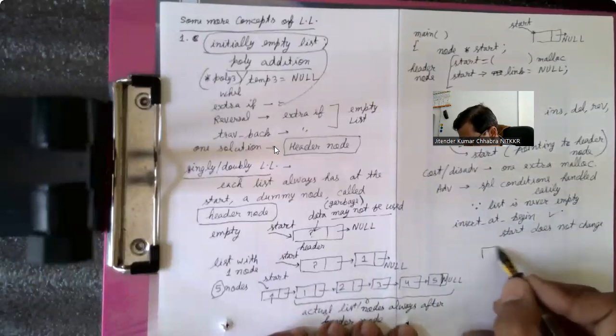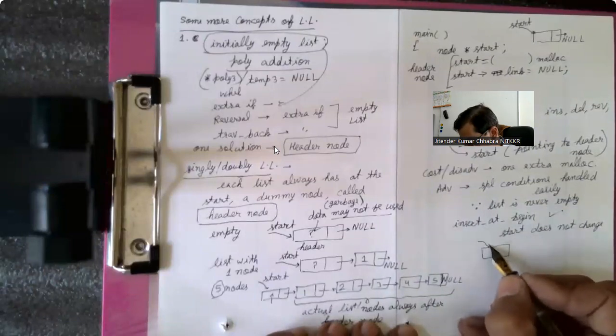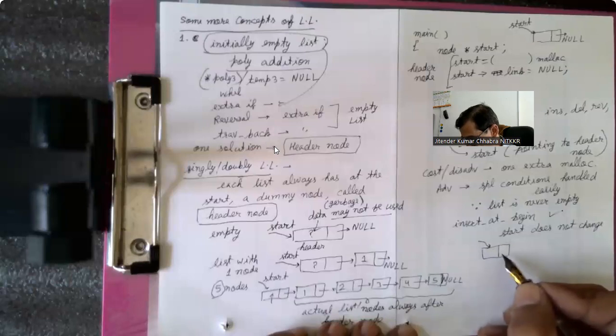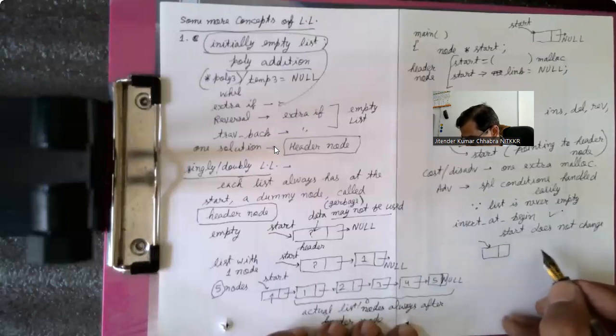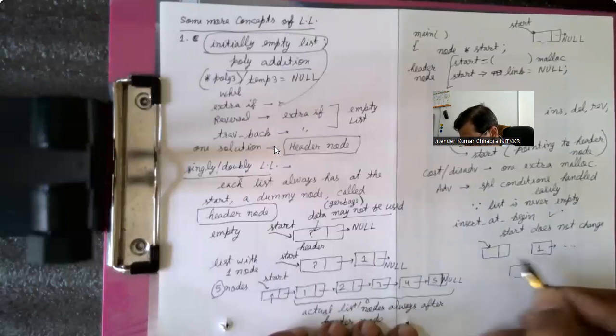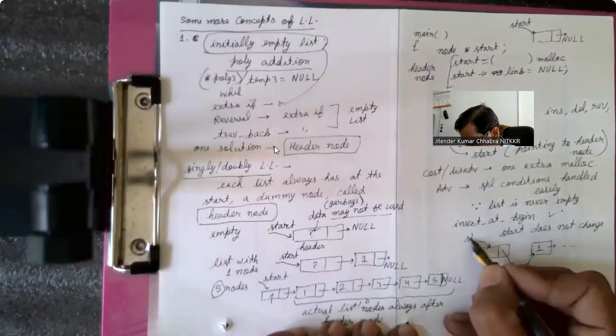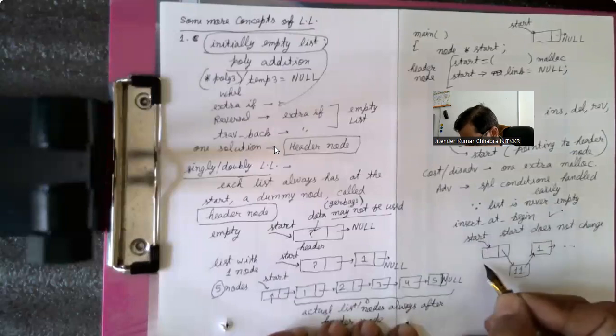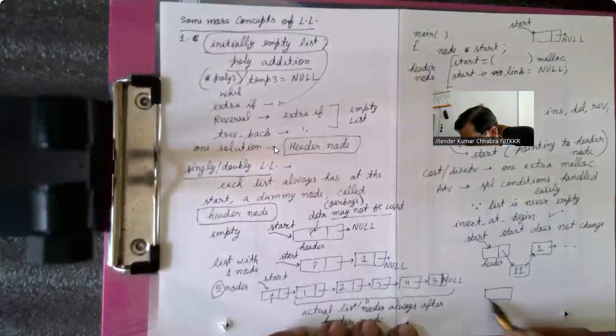So insert at begin meant this is your header node. The list might be continued or might not be continued. Even if the list is continued, earlier here, let's say I had 1 and so on. Now I will insert 11, link like this, but your start always remains at the header node. If the list was empty, start was here, this was null.